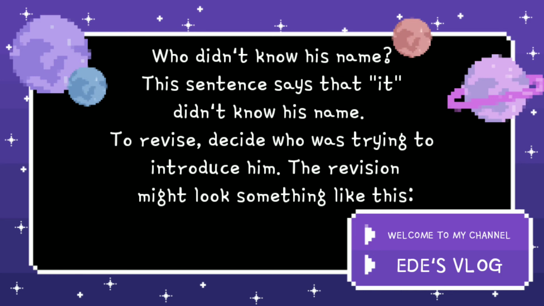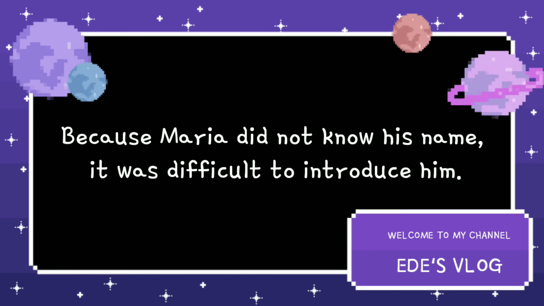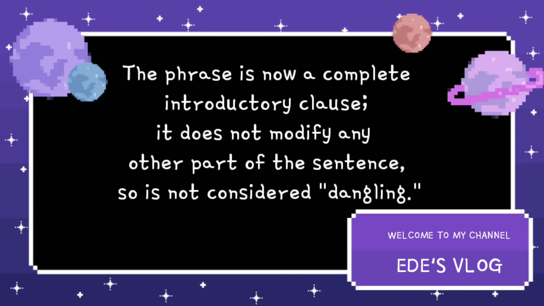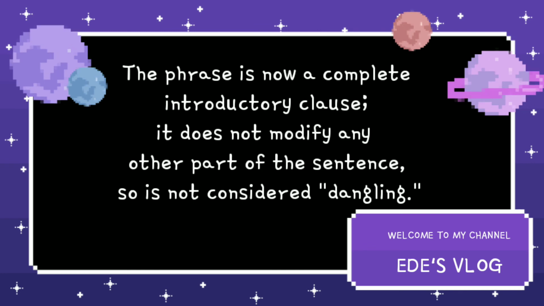The revision might look something like this: Because Maria did not know his name, it was difficult to introduce him. The phrase is now a complete introductory clause. It does not modify any other part of the sentence, so it is not considered dangling.